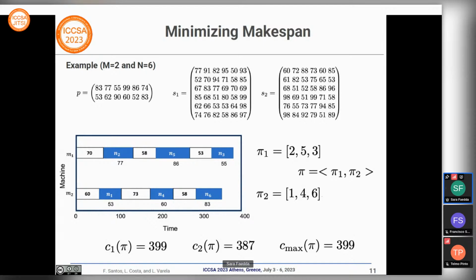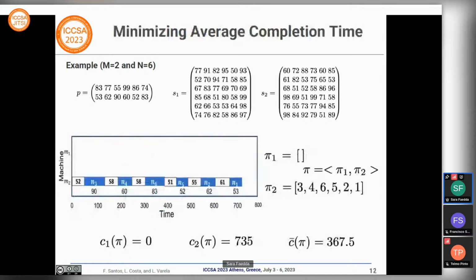When we minimize the average completion time, the solution is very different. No job is assigned to machine 1, and all jobs are on machine 2. The order corresponds to the order that allows us to minimize the setup times.